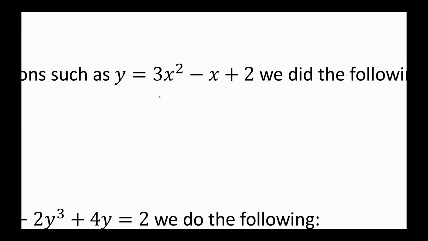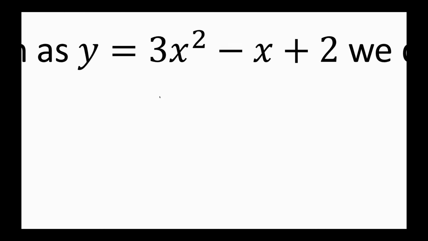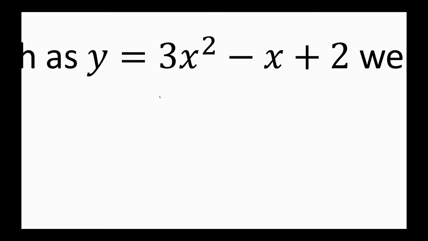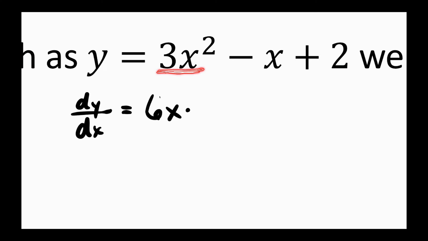Okay? So when I find the derivative of this guy here, we don't usually write this, but I could say the derivative of y with respect to x equals, right? And then I said, what's the derivative of 3x squared? 6x, right? And what I'm supposed to tag on, what did I just find the derivative of here?